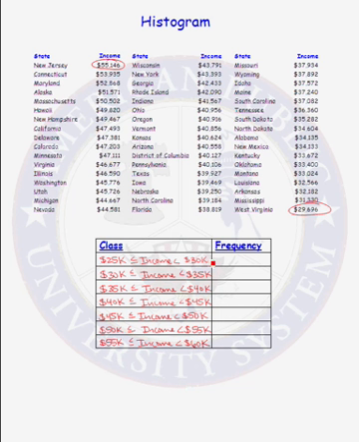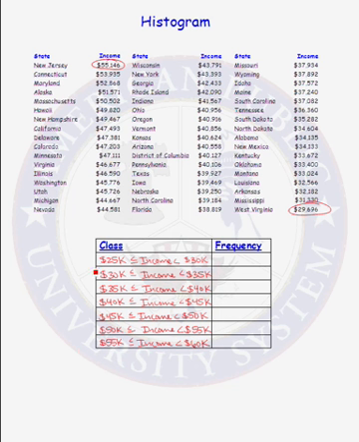The first class is all states that have an income greater than or equal to $25,000 but less than $30,000. The second class is those states that have an income greater than or equal to $30,000 but less than $35,000. Notice how every income value can fall into one and only one class. That is a requirement of your classes.